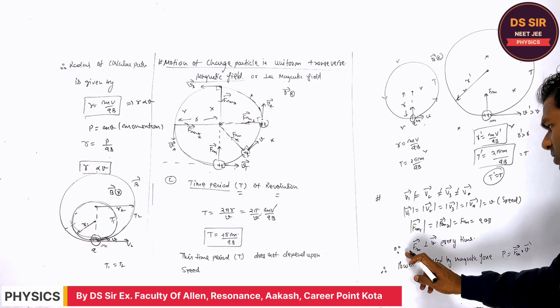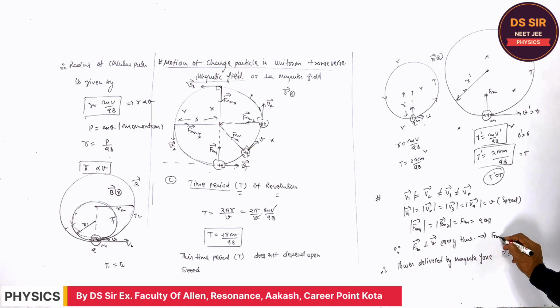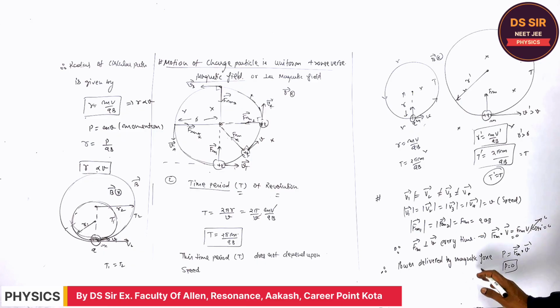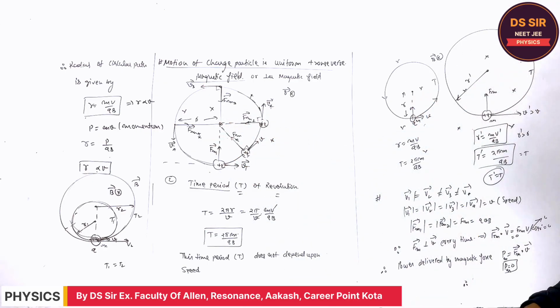And since Fm is perpendicular to V, their dot product will be equal to what? Fm V cos 90, and cos 90 is 0. So the dot product is 0, therefore the power delivered is 0, right? What is the power delivered by the magnetic force? 0. Therefore, if no power is delivered by the magnetic force, no work is done by the magnetic force.